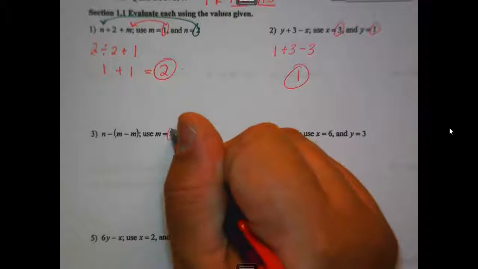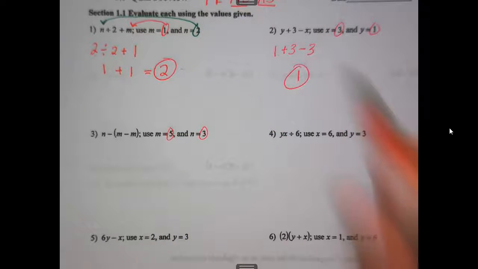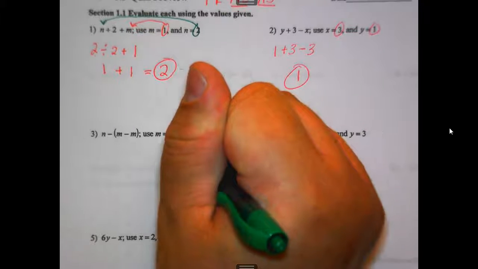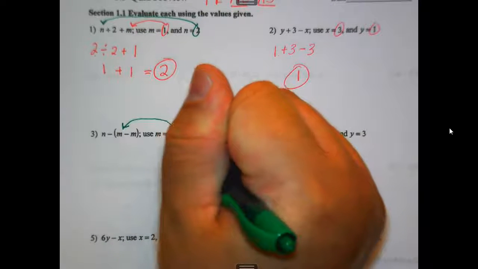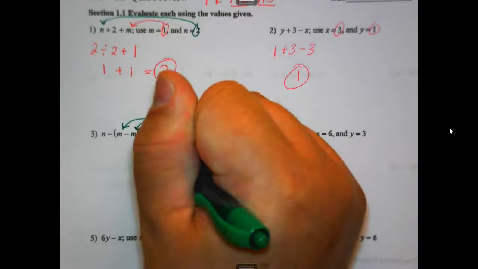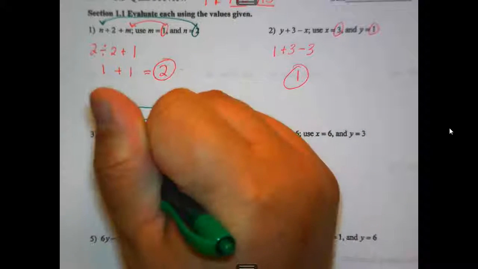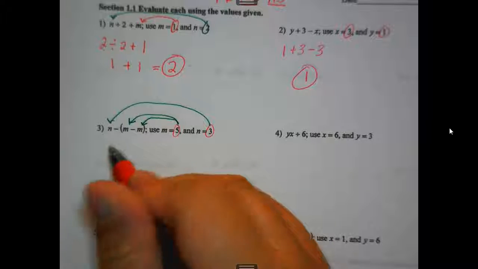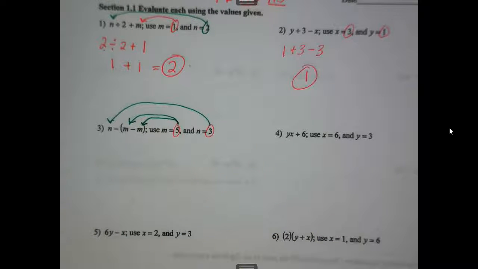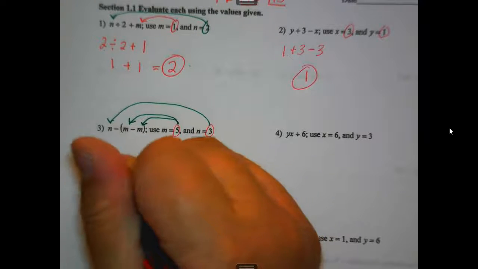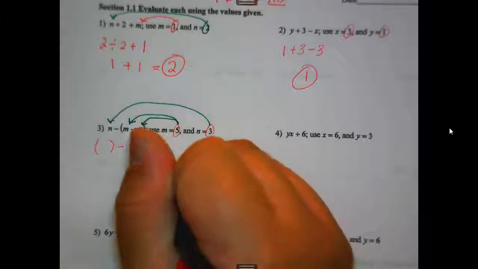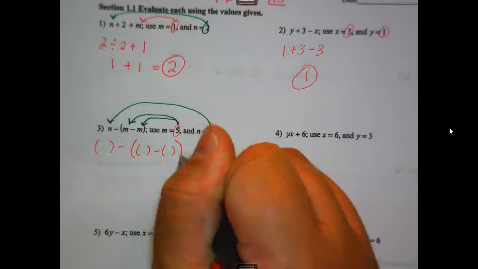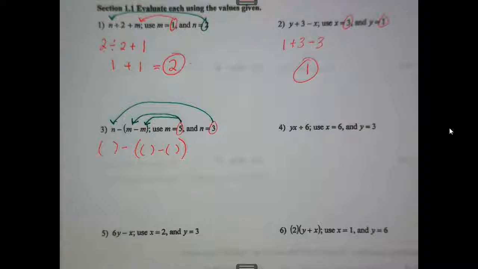Okay, M is 5, N is 3. Gonna substitute those in. See, M goes there, M goes there, N goes there. Now, if you're using a calculator, I would put parentheses where the variables are so that you can put it in your calculator that way.